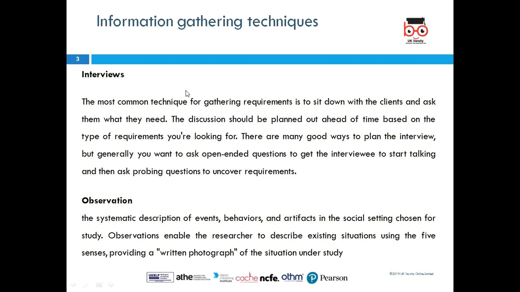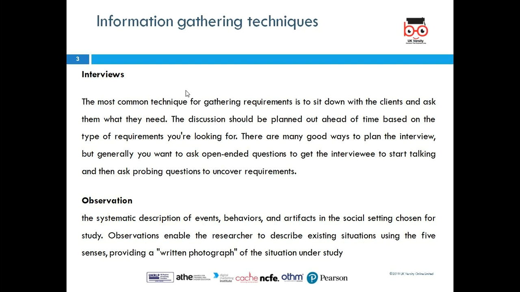Then there are certain information gathering techniques, like observation. Probably you are not making a system which is based on observation, but observation is an information gathering technique. So that's why you are studying it here, and it is included in the indicative content as well.